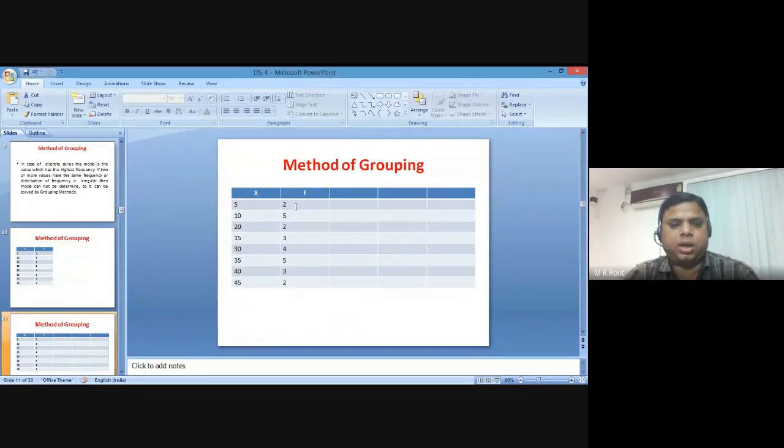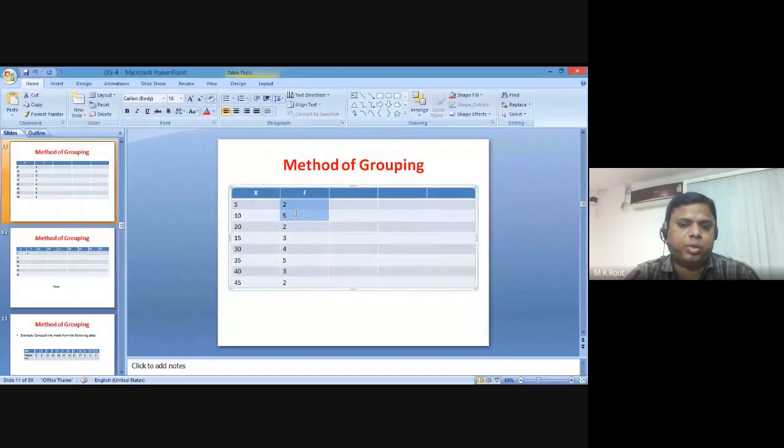Suppose I group the first one, that is 5 and 2 and their respective frequencies 2 and 5. There is no need to group the x variable, but you have to group the frequency table. So I group the first pair, 2 plus 5, here I write 7.